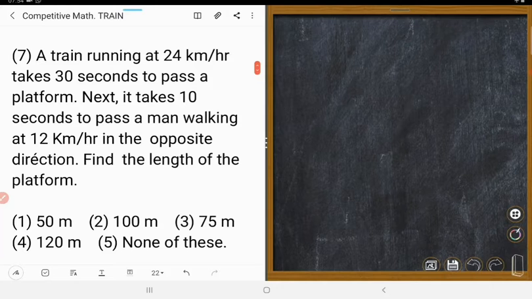Next one is 7. A train running at 24 km per hour takes 30 seconds to pass a platform. Next, it takes 10 seconds to pass a man walking at 12 km in the opposite direction.